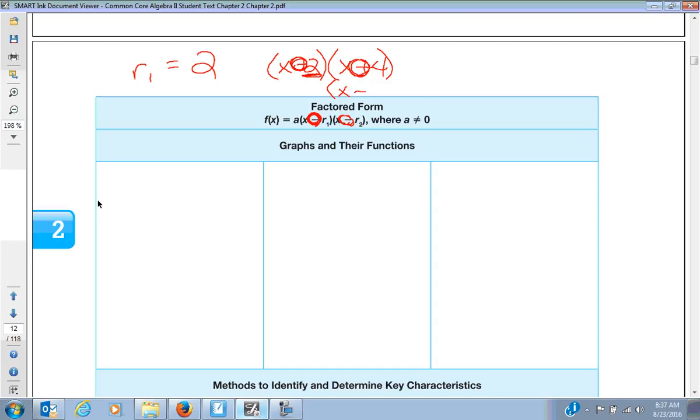It's actually the same thing as adding 4, if I subtract a negative 4. The reason I rewrite it like that is to show you, there's my subtraction sign. What's my R2 value actually? My R2 value is actually negative 4. That's the trickiest part on this guy. Does that make sense?